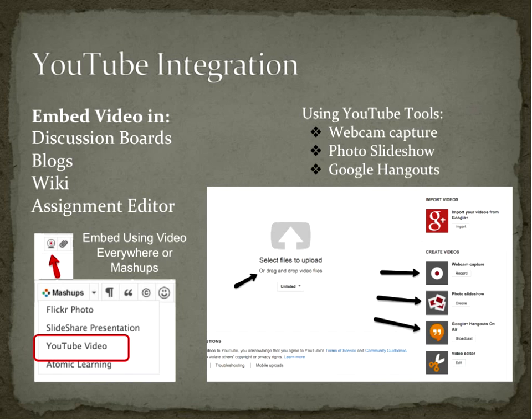And then another really cool one is this Google Hangouts on Air. Since YouTube's now a Google product, they have a way that you can do a broadcast and do a presentation through Google Hangouts on Air and then upload it to YouTube and then embed it. And you as an instructor don't really have to know how to do all that.